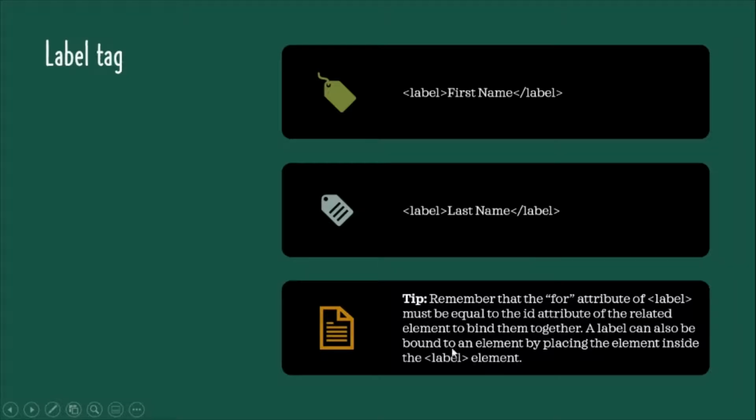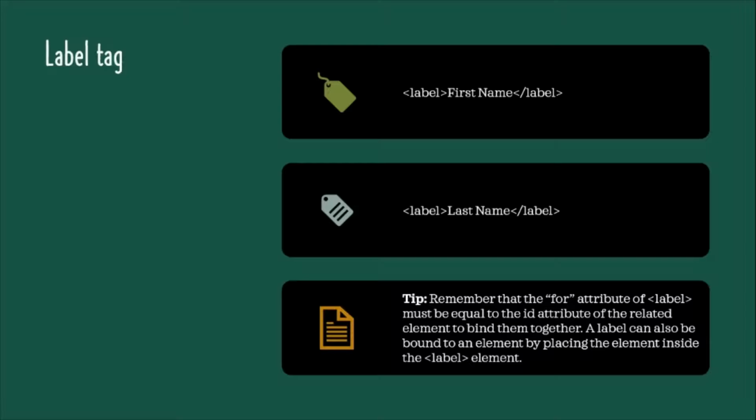A label can also be bound to an element by placing the element inside the label element. Some key things to take note of when using the label element is that we can define a label for several elements such as input with the type value of email, input with the type value of checkbox, and so on.